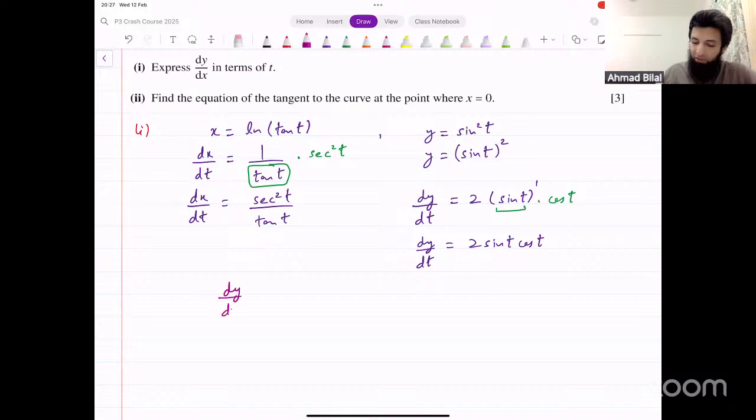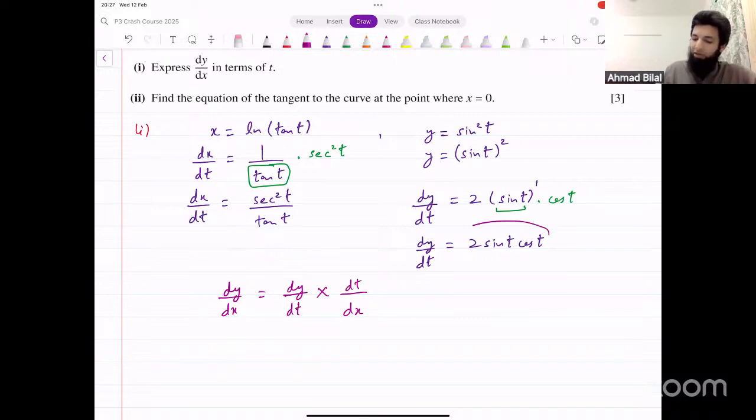Dy over dx equals dy, the numerator of the first fraction. Dt will be the denominator of the second fraction. Sorry, dx will be the denominator of the second fraction. And in the remaining places, we have the third variable, which is dt and dt.